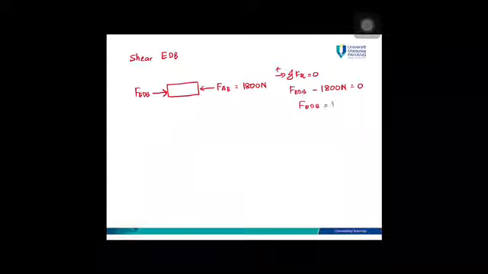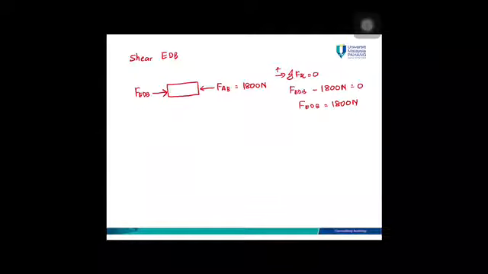This is your FEDB. By using the equilibrium equation, summation Fx is equal to 0, to the right is positive, then you have FEDB minus 1800 is equal to 0. Then FEDB is equal to 1800 Newton. You have all the forces.